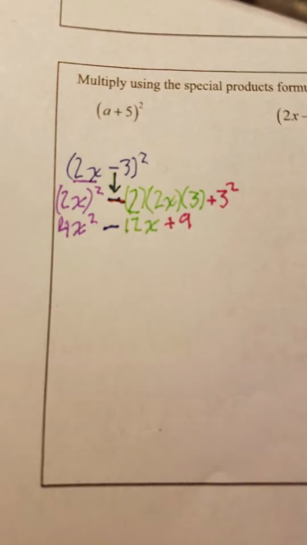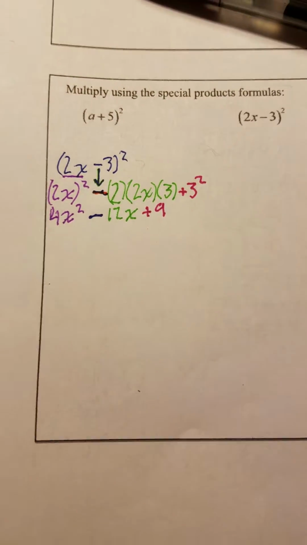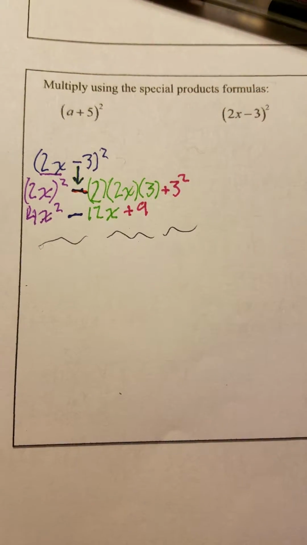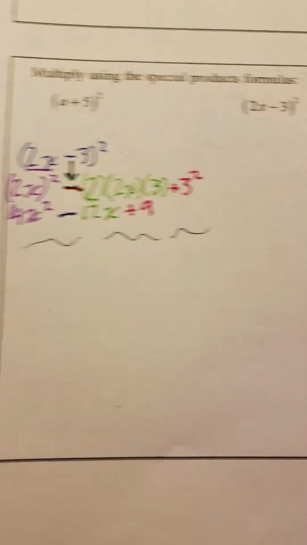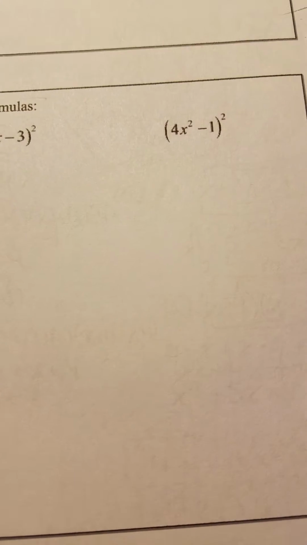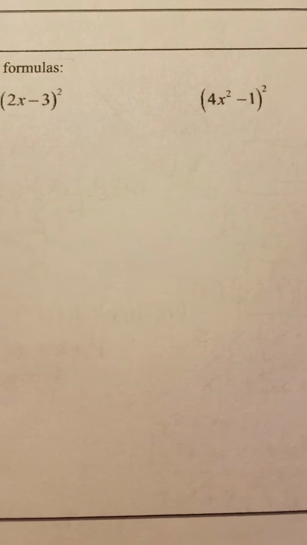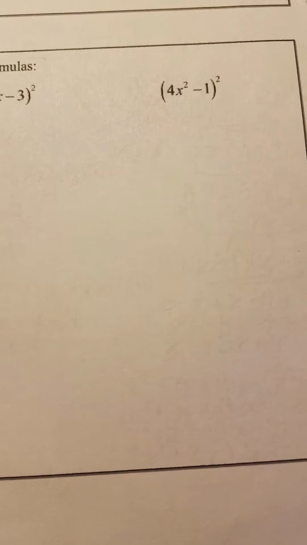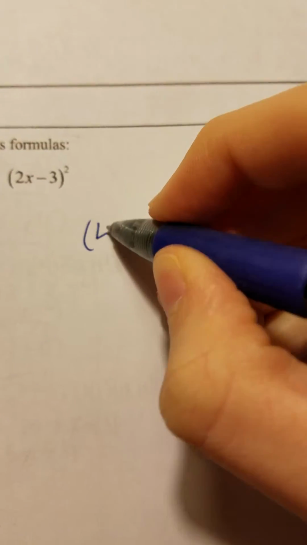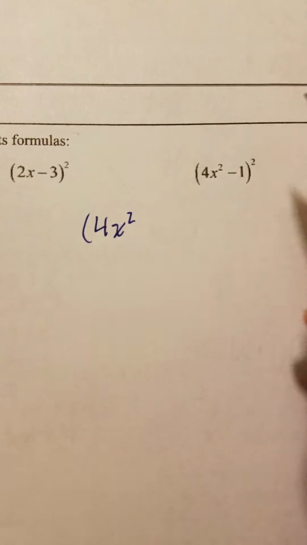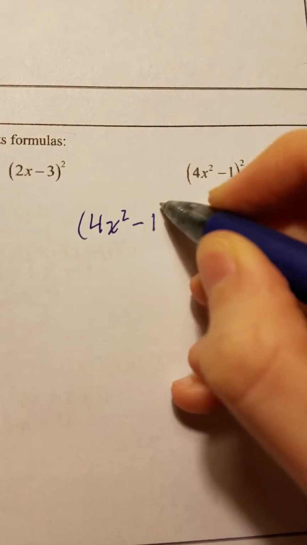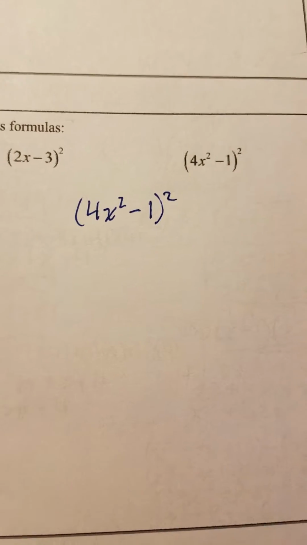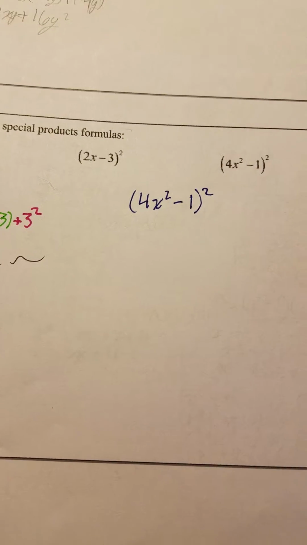Okay, then the next problem is 4x squared minus 1 squared. Ooh, big and tricky, right? Nah, we got this.